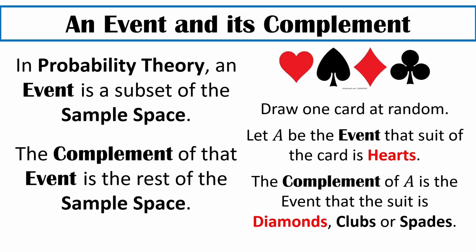So the event is some subset of the sample space. And the complement of the event is everything else in the sample space. Here, since we're only looking at the suit of the card that we draw, the sample space just has four things. It has hearts, diamonds, clubs, and spades. Right? So if the event is that we choose a heart, the complement is that we choose something else.